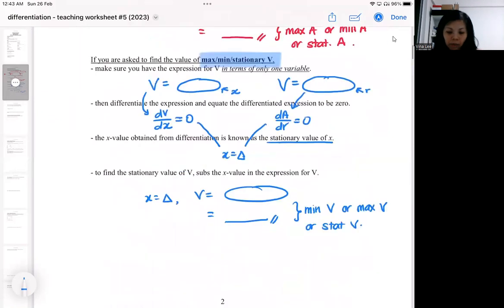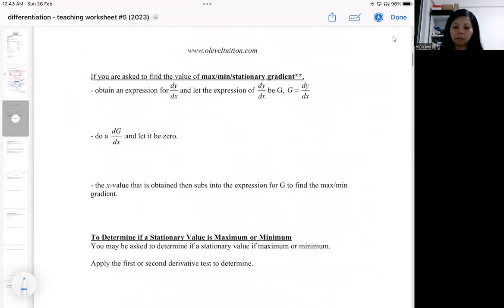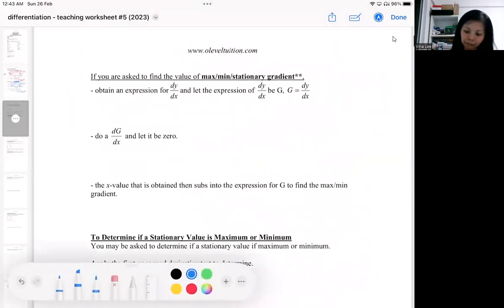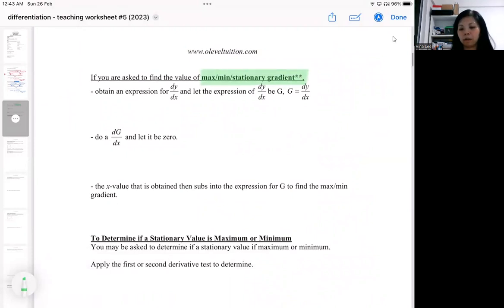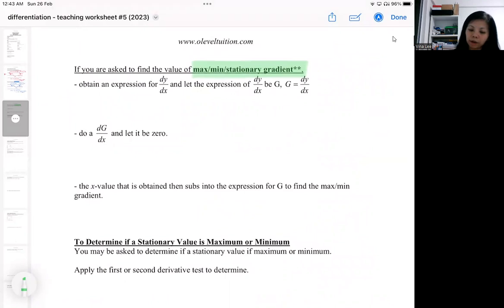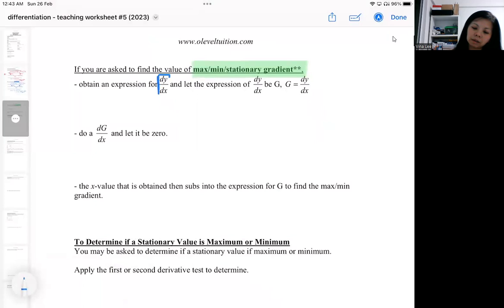Okay. The most difficult one is actually to find the minimum gradient, maximum gradient, or stationary gradient. Because gradient is not exactly like area and perimeter. It's not area, it's not volume, all that. In fact, the gradient is represented by dy/dx.